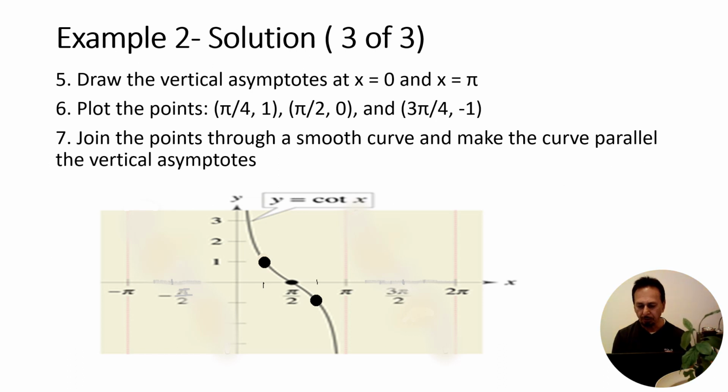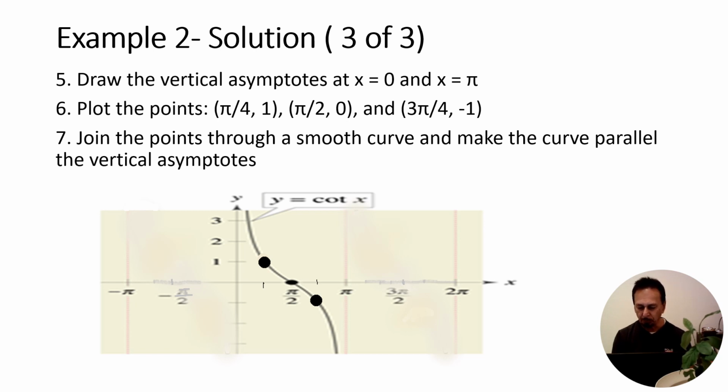So now draw the vertical asymptotes at x equals 0 and x equals pi. This is the vertical asymptote at x equals 0. This is the vertical asymptote at x equals pi. And this is the vertical asymptote at x equals 2 pi. And this is the vertical asymptote at minus pi.